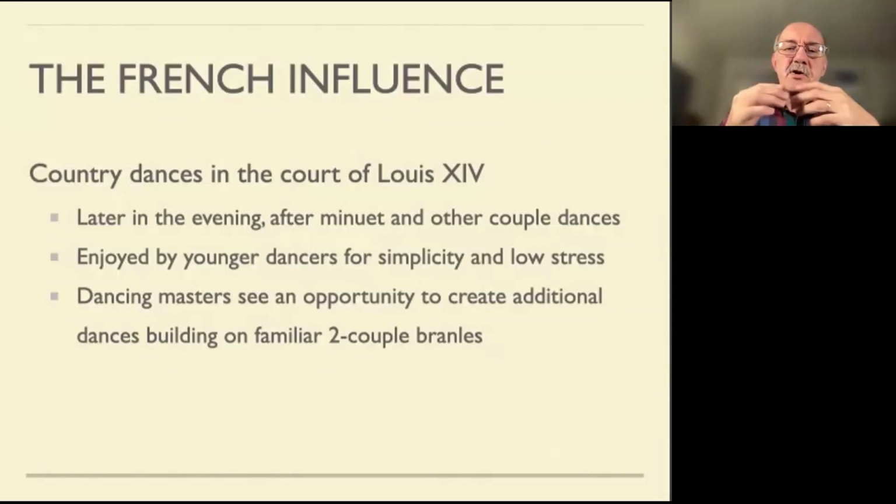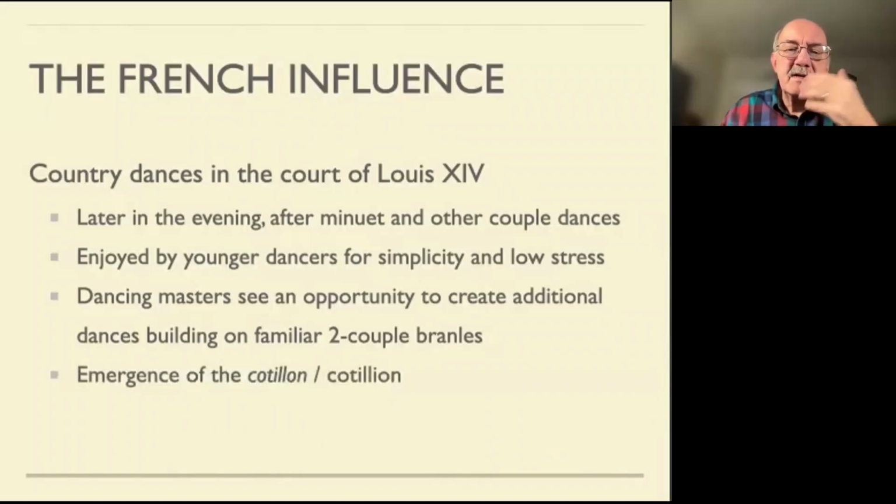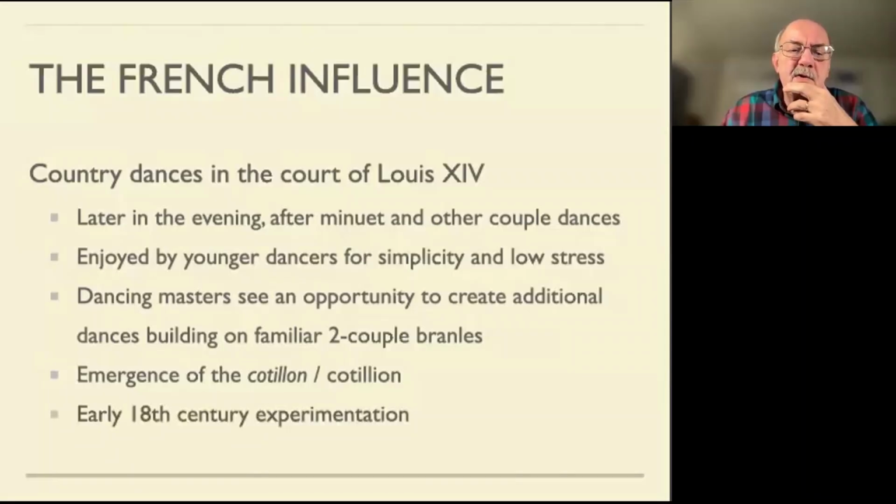So they start to create additional dances building on this English country dance vocabulary and incorporating it into familiar French dances, the two couple dances called the brawl. And out of this comes the cotillon, later anglicized to cotillion. And in the early 18th century, there is a period of wild experimentation.